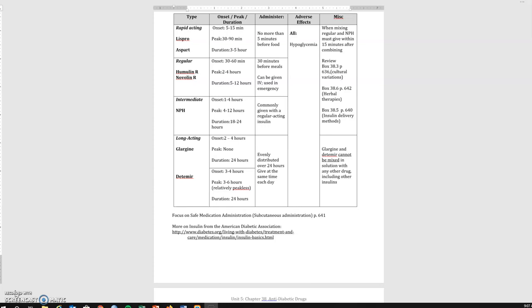This type of insulin delivery, the insulin pen, is also advantageous for individuals who have poor vision and can't read the little lines on the syringe, so they can actually dial the amount of insulin in the pen and ensure that they're giving themselves the correct amount. The external insulin pump can be worn on a belt or hidden, and it injects a basal rate of insulin into the abdomen all day.